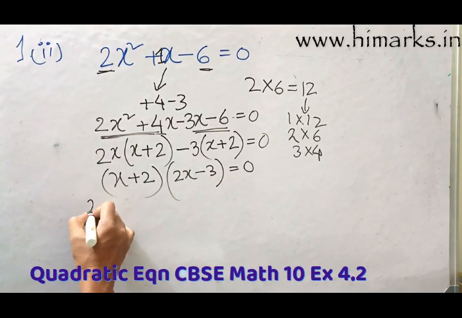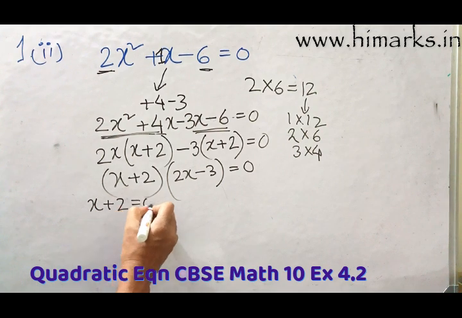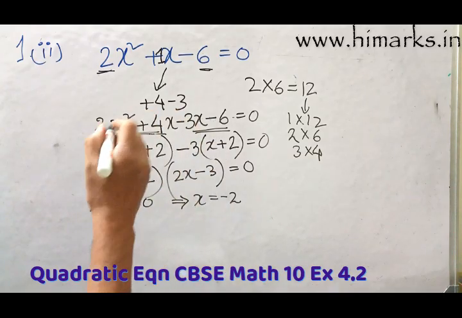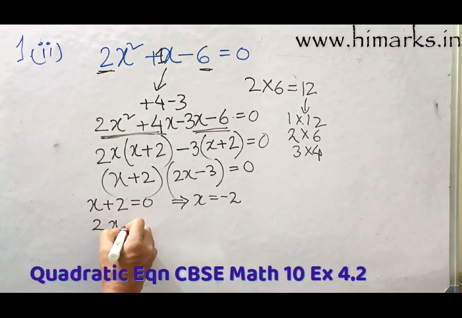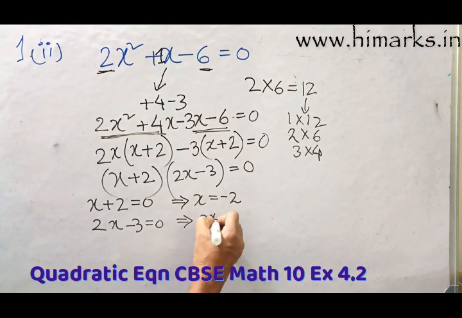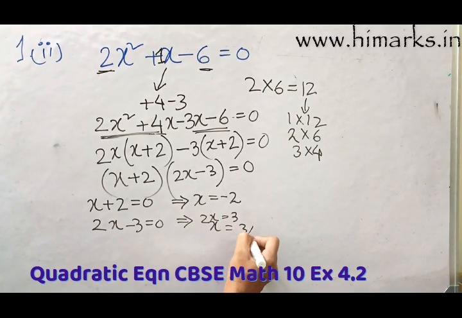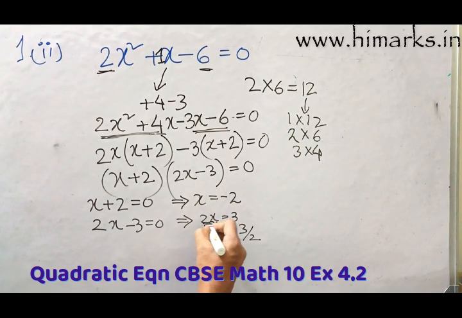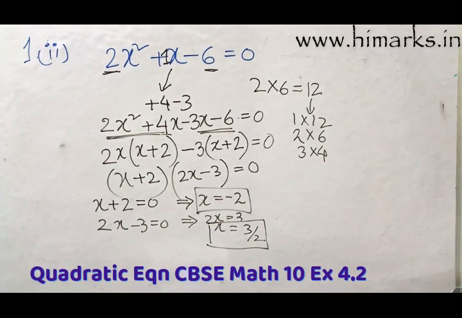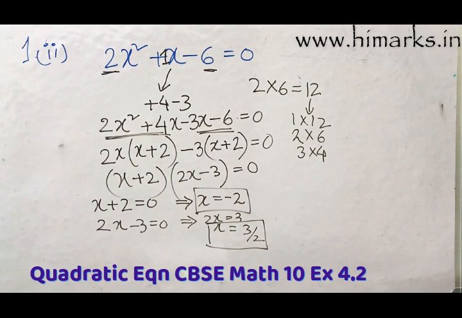So if x plus 2 is 0, that gives one solution, x is minus 2. 2x minus 3 equal to 0 gives 2x equal to 3, x equal to 3 by 2. So this is one more solution. These are the two roots of the given equation. 2x square plus x minus 6 has two roots, and these two roots are minus 2 and 3 by 2.